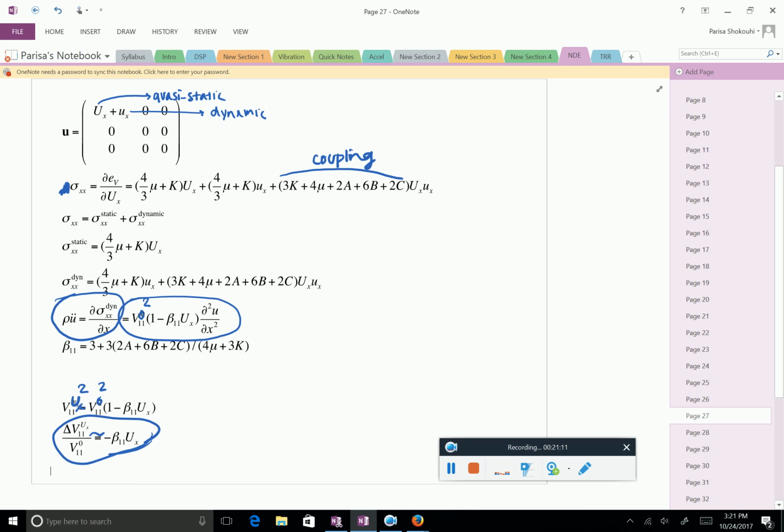Between these lines, of course, there are steps that I'm jumping over just because it's not very important to go through this derivation. But at the same time, it's important to see where it is coming from.